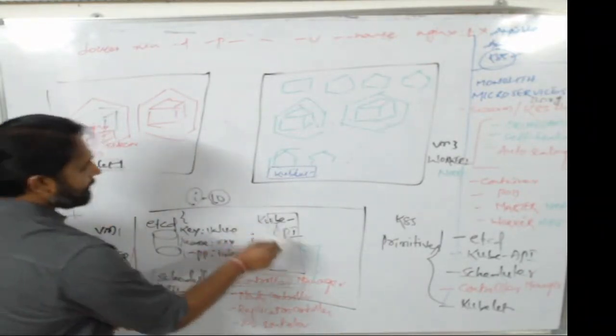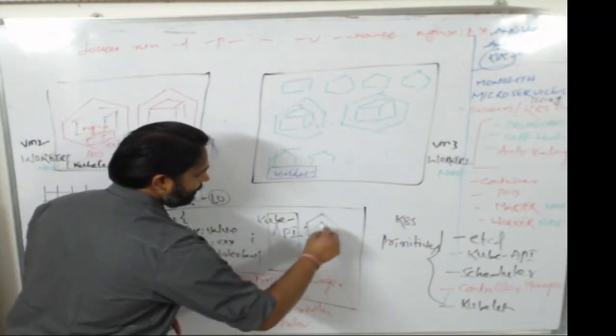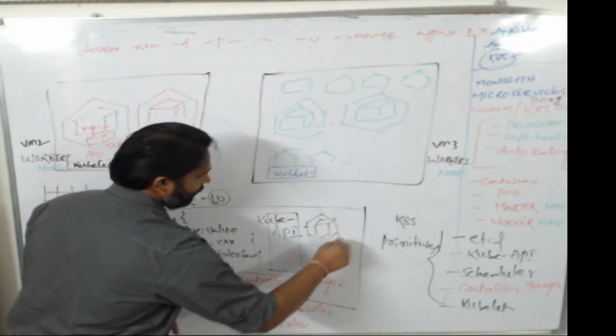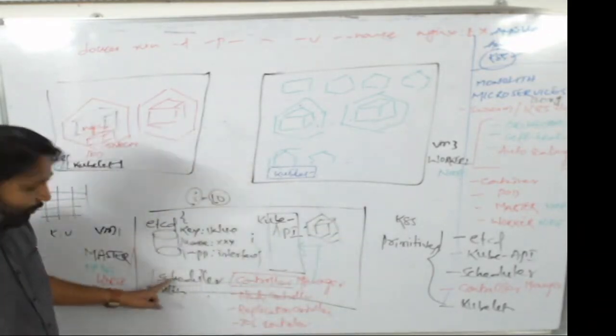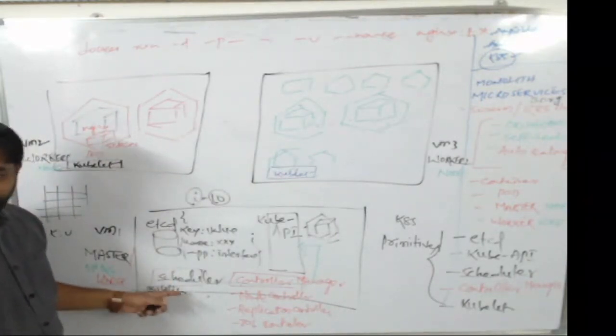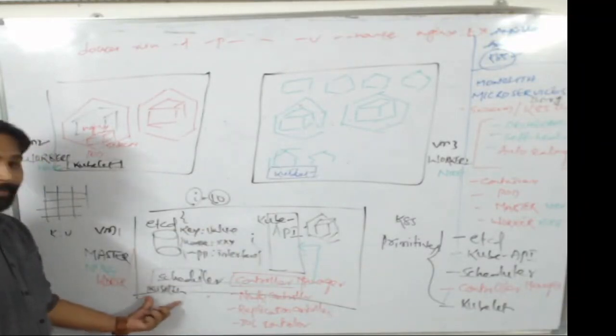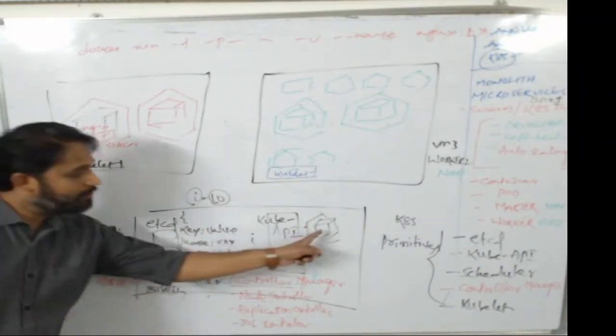Remember, these things, the Kube API itself is a pod running inside a container. The scheduler is also a pod. Right? These softwares are themselves pods. So the masters will also have a kubelet to launch these pods.